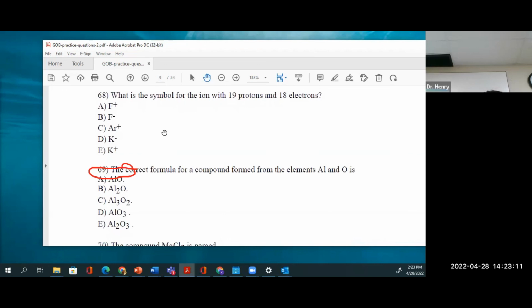What is the symbol for the ion with 19 protons and 18 electrons? What was that? Potassium plus. You know, the atomic number for potassium is 19. And then if we lose 1 electron, it's going to make it a plus.